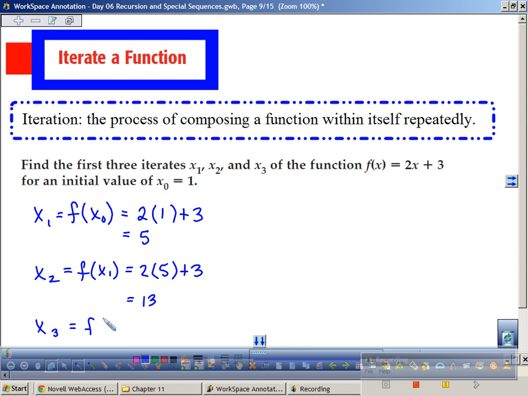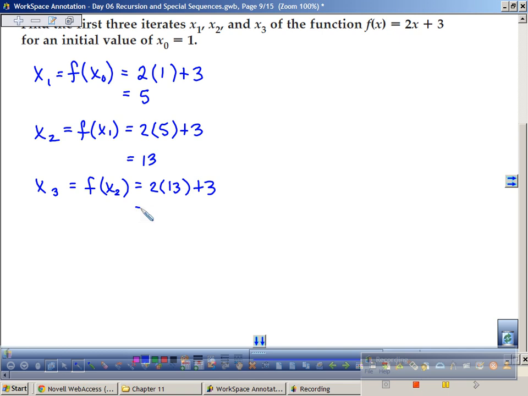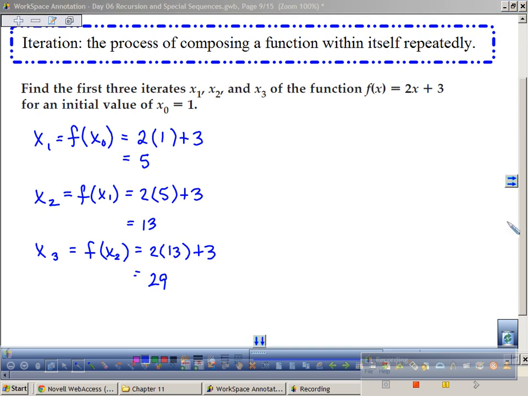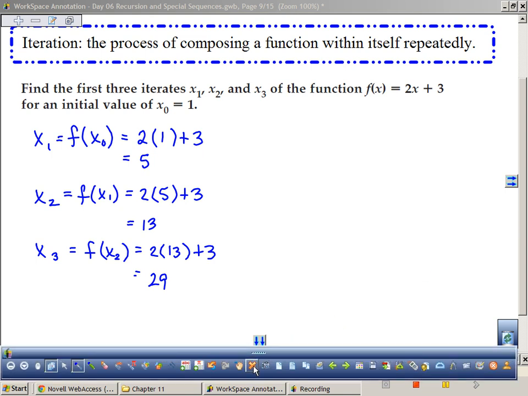Plug in f of x sub 2, which is 2 times 13 plus 3, which is 29. There's your first 3. Not bad, right? If you have one of those problems.